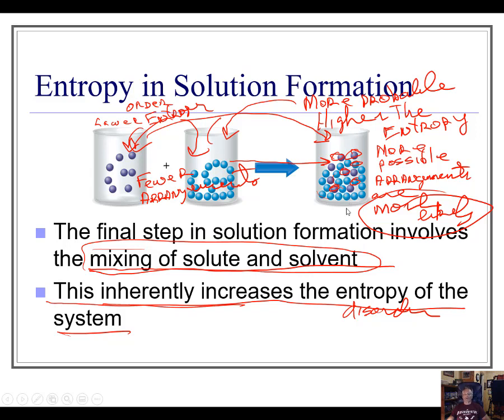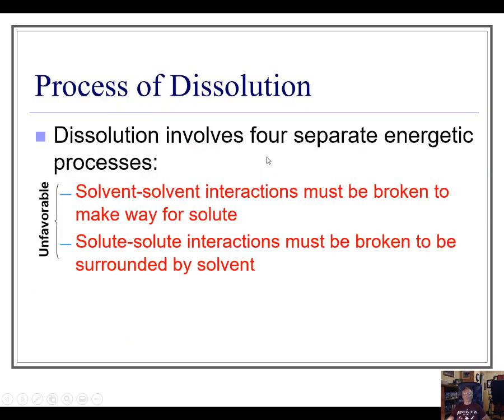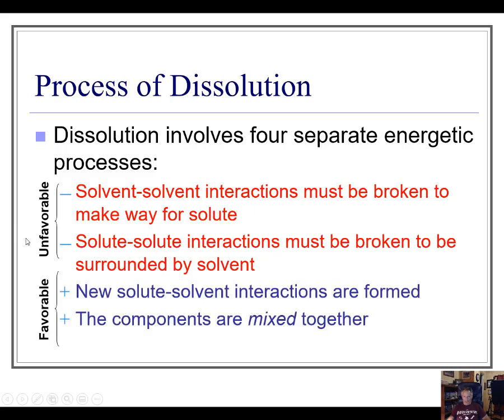So the process of dissolution involves 4 separate energetic processes. We've got to break the solvent-solvent interactions. We've got to break the solute-solute interactions. That's unfavorable. And then we have the new solute-solvent interactions. The components are mixed together, so they do have some form of bonding, and that releases energy.